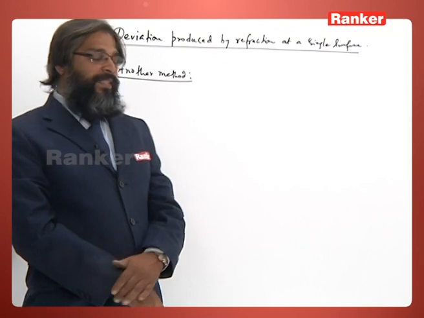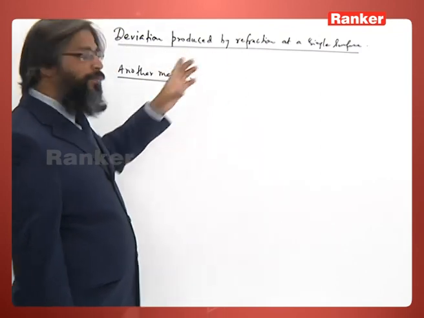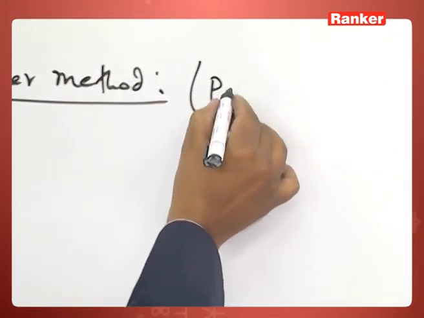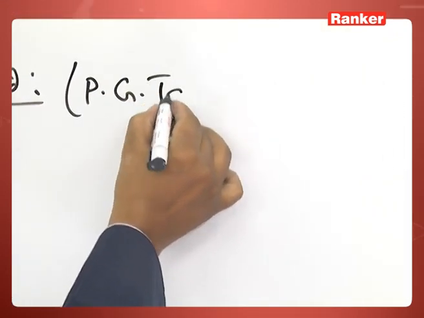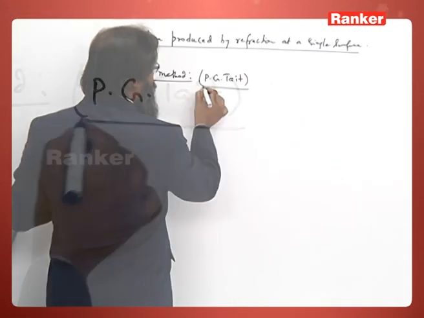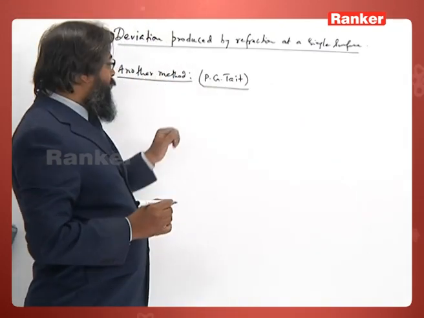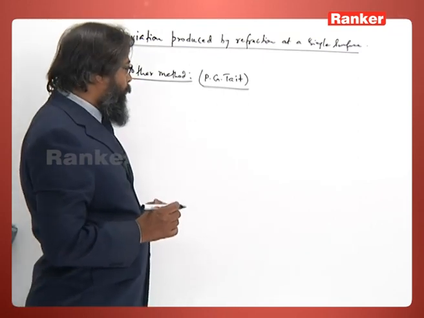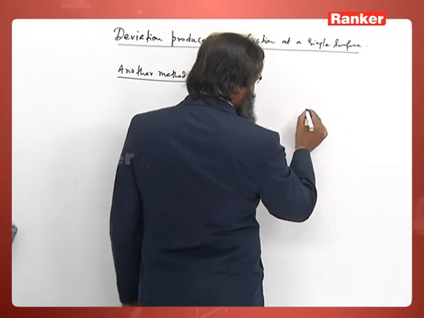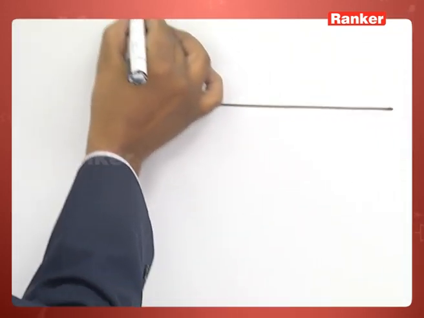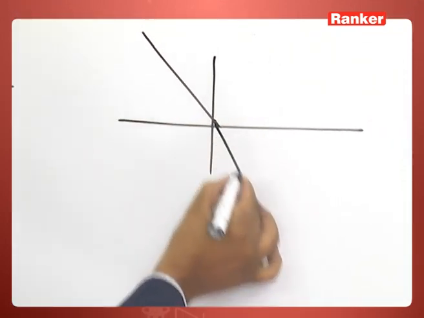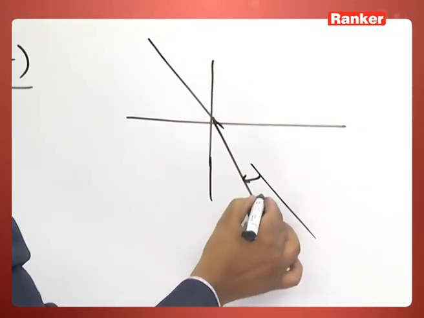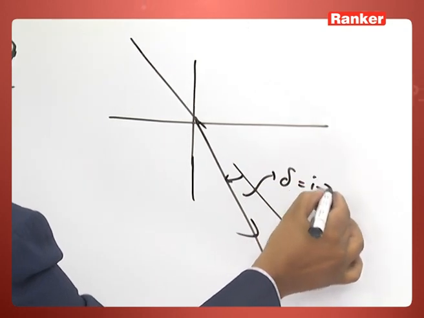So, now let us see another method to arrive at this result. This method is a geometrical method and it was developed by P.G. Tate. So, the idea is that when a ray is incident, it gets refracted here, and this is the deviation, which is equal to I minus r.